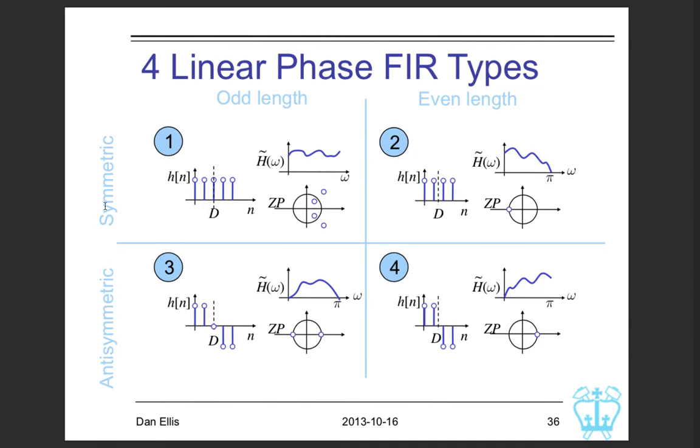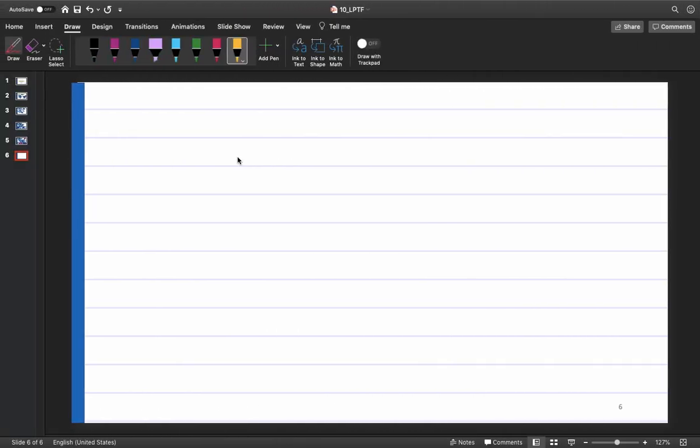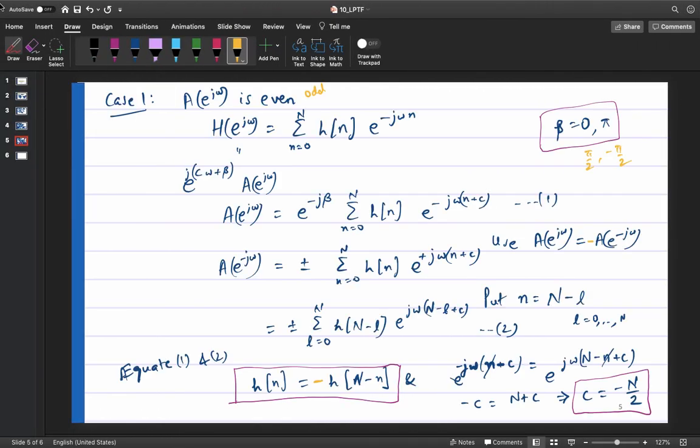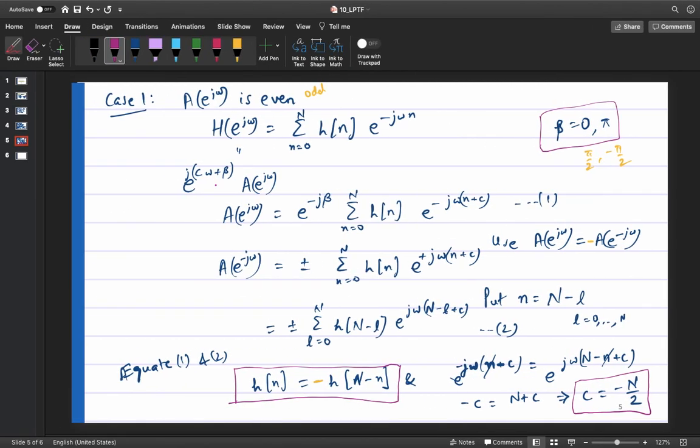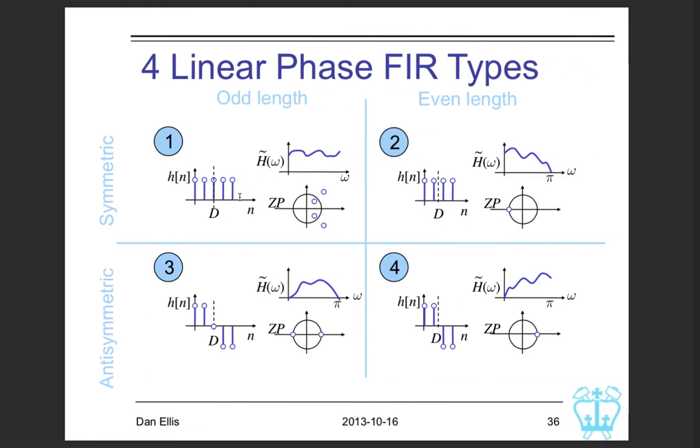If it is an even function, what will happen? My h of n is equal to h of capital N minus n, which is here. Let me show you the properties. So you have here h of n is equal to h of capital N minus small n. And then you see my c is minus N upon 2 and beta is 0 and pi. Okay, I think those things are not visible here directly, but this is visible.